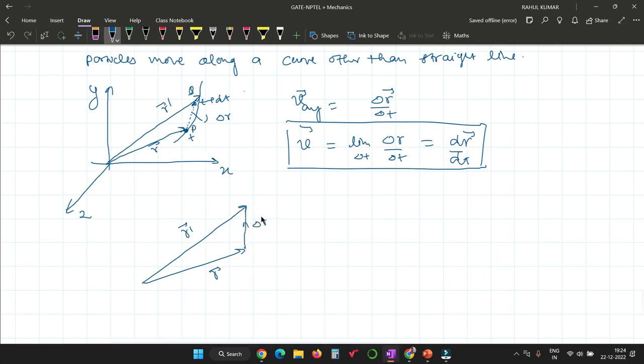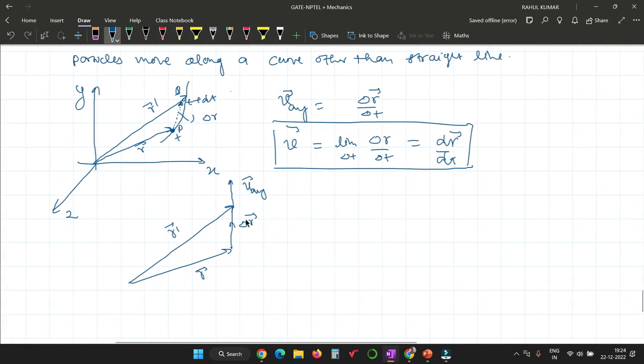So if you talk about the average velocity, if the delta r vector is like this, then the direction of average velocity is also like this. So the direction of average velocity is along the direction of this change in position vector.